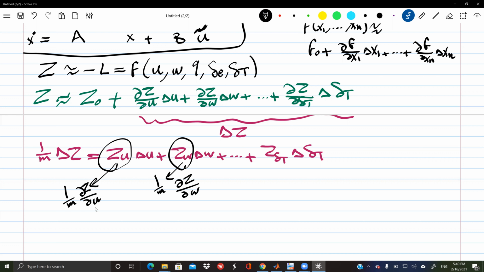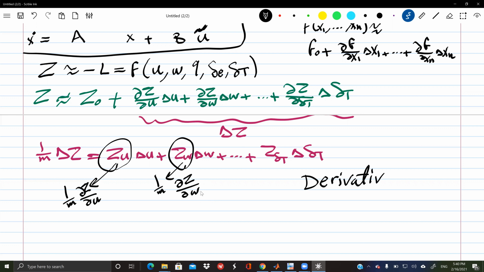So partial z partial u is how much your z force, which is simply negative the lift, changes with the speed. How much your z force, which is the lift, changes with the angle of attack w, and so on. These, as you can see, are derivatives of aerodynamic forces. So sometimes they are called aerodynamic derivatives, okay?